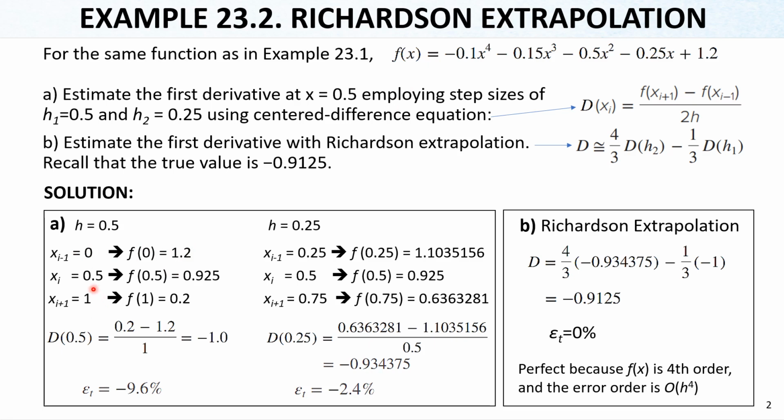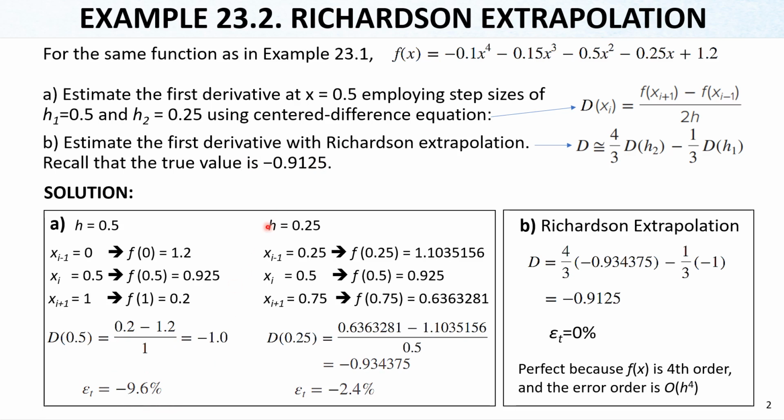If we add 0.5, xi plus 1 is 1, and f is 0.2 from the function. Let's use these two in here to get the derivative with 0.5 step size. The result is minus 1, and the error with the true value here is 9.6%.